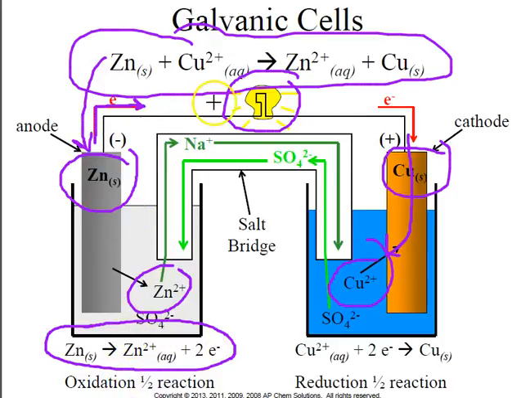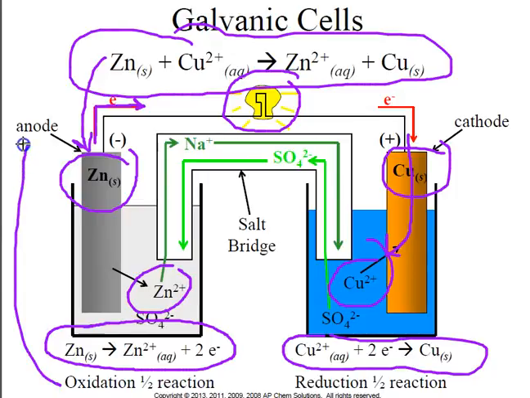Those 2 electrons are leaving and going to the other side. Over here, we have the copper ion being reduced to form the copper solid. So those electrons are coming in to make that happen. So that's the reduction. The side that oxidation occurs on is always called the anode. And the side that reduction occurs on is always called the cathode.